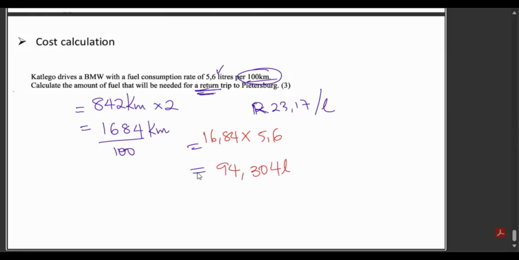These are the liters now. How much will it be? We multiply by the price given to us. So that would be the answer.